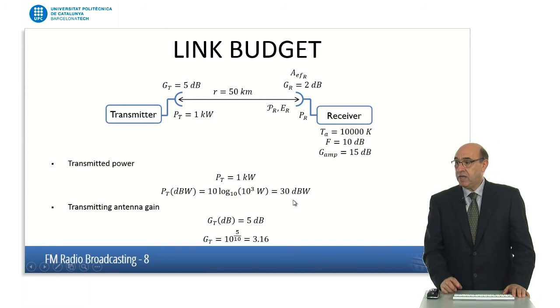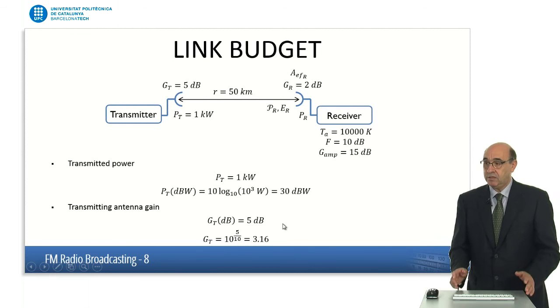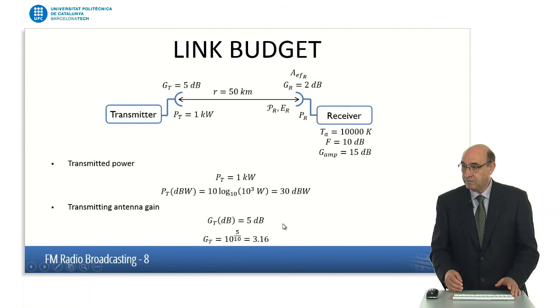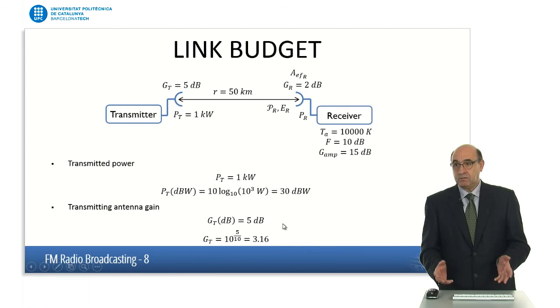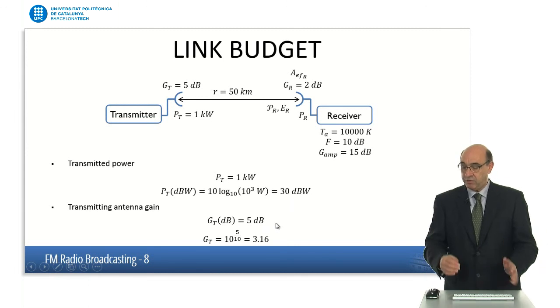For the transmitting antenna gain, you have 5 dB, so you transform this to linear: you divide by 10, and 10 to 5/10 gives you 3.1, the gain in linear units. The gain is dimensionless; that's why we use only 5 dBs. It's just the power ratio.